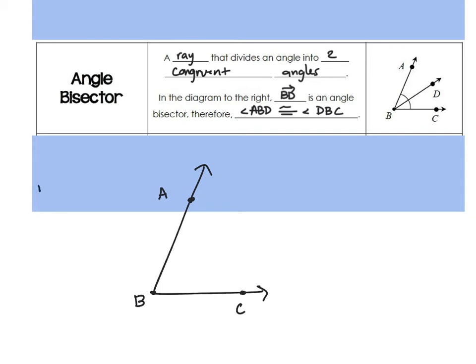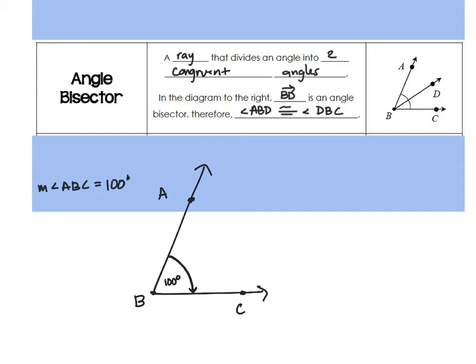And I'm going to say that the measurement of angle ABC is equal to, I don't know, let's say 100 degrees. That means that from here to here, it equals 100 degrees. Okay? That's my angle, ABC, and it equals 100 degrees. I'm going to draw, and I'm telling you it's an angle bisector.